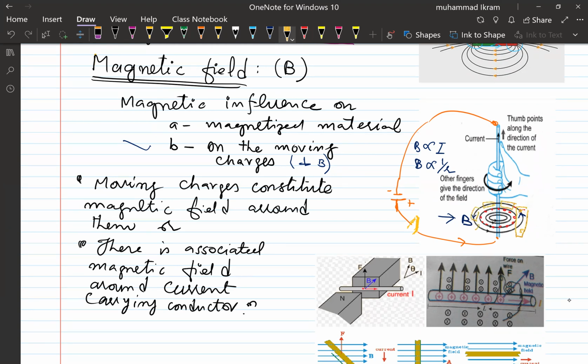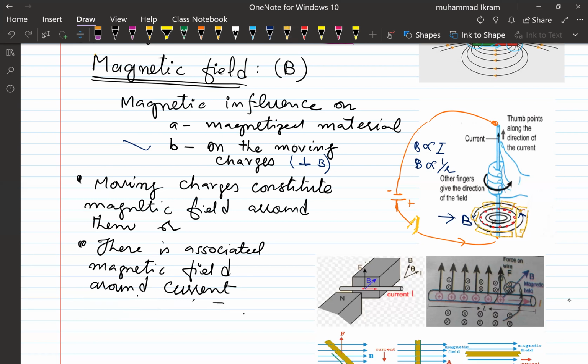You can feel the effect of the magnetic field, but you cannot see the magnet physically. The effect is only there, and it is all because of the moving charges. If you reverse the direction of the current, then the direction of the magnetic field also reverses. So that is all about the magnetic field.